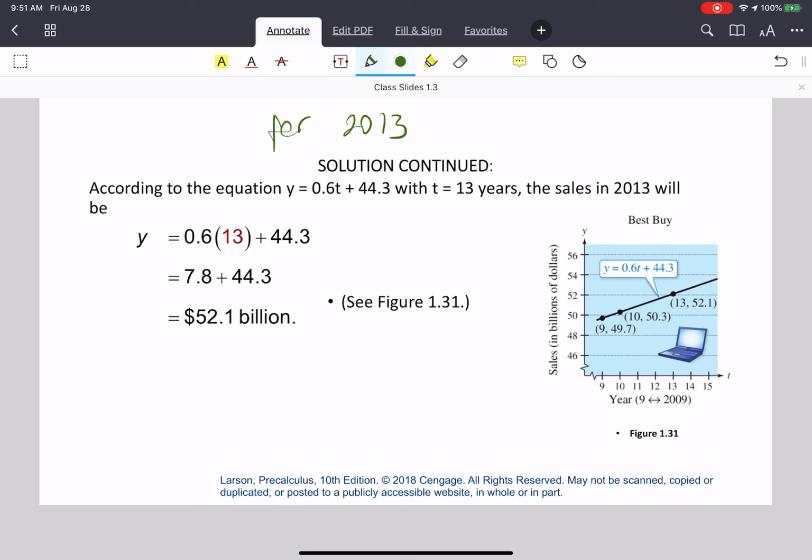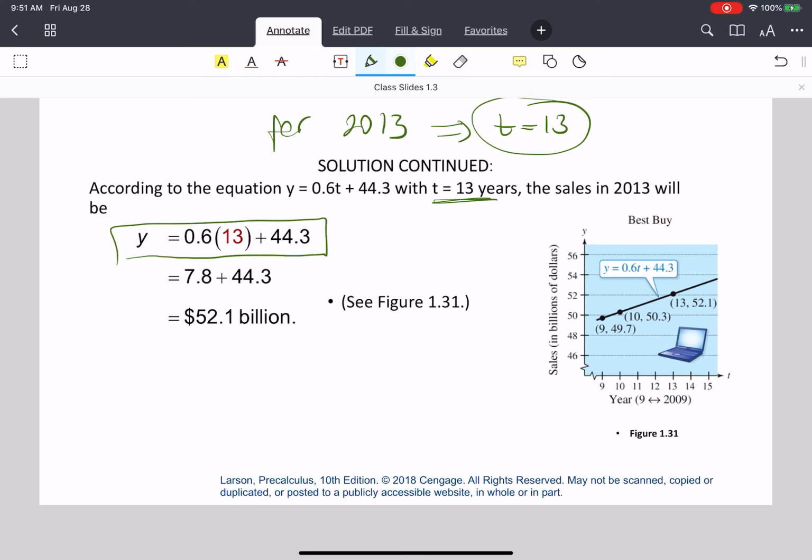So next we're going to actually project the sales for 2013. For that we use t being 13, because 2000 is my reference point. So y equals 0.6 times 13 plus 44.3. I'm going to replace x with that because this is almost like an x value.